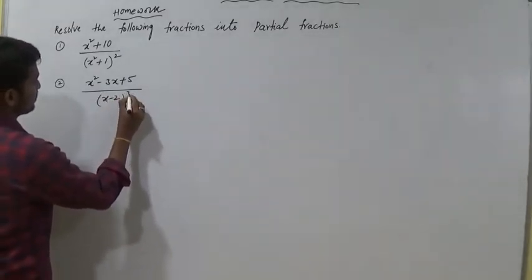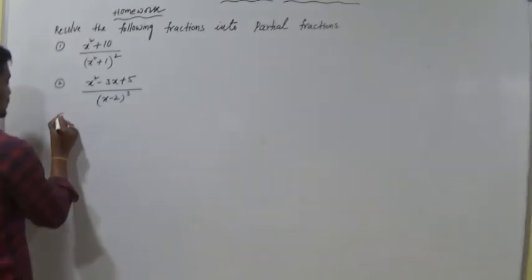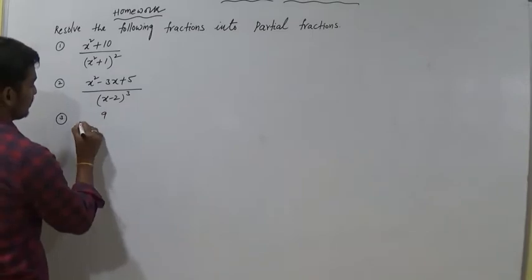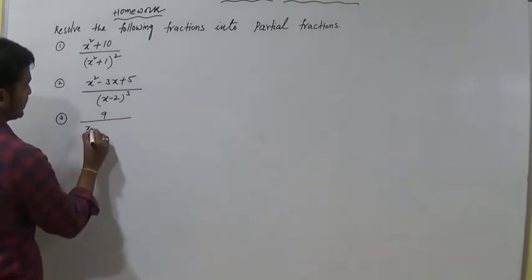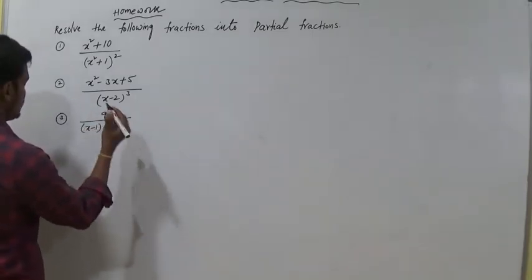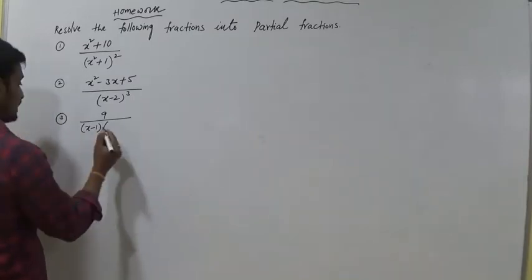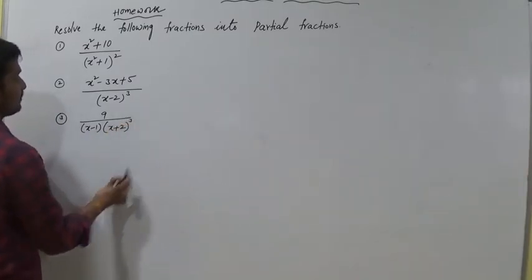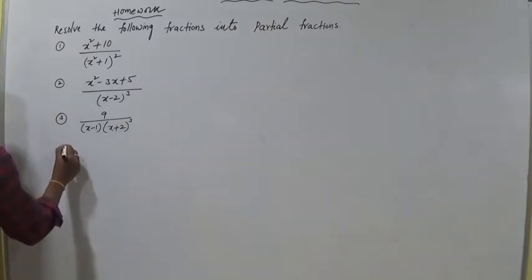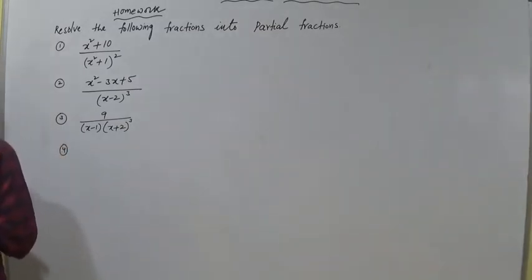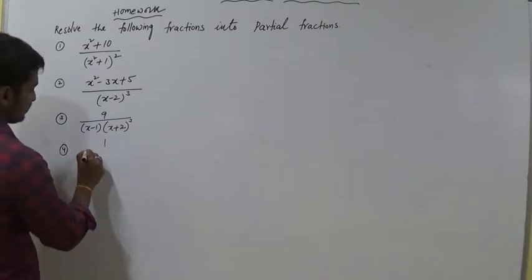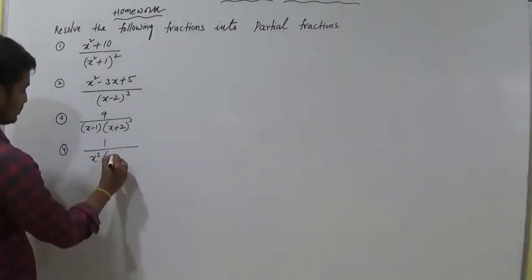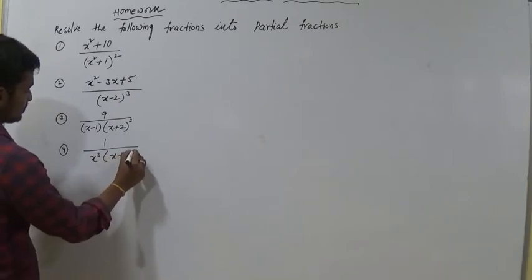This is also the same. The third problem is 9 by x minus 1 into x plus 2 whole cube. And the fourth problem is 1 by x cube into x plus 2.